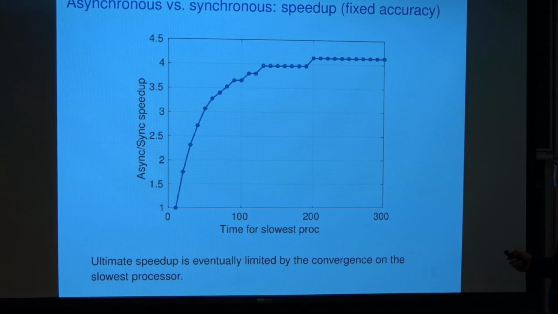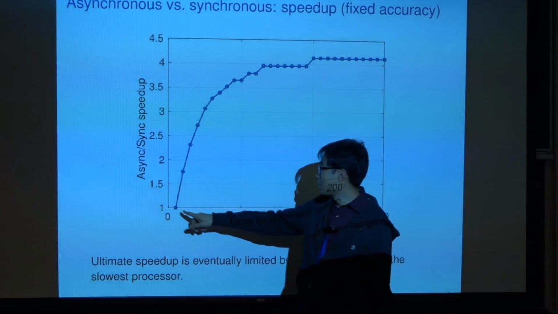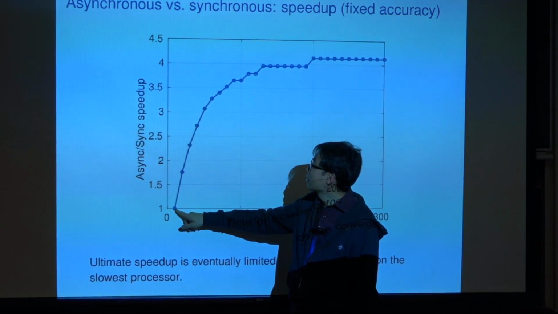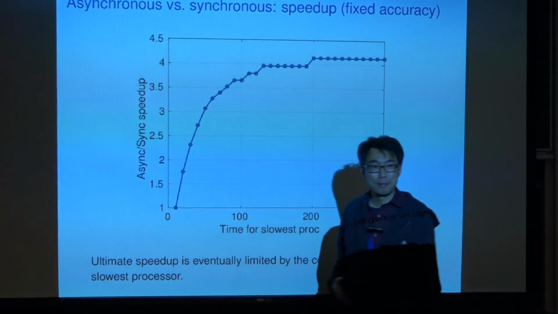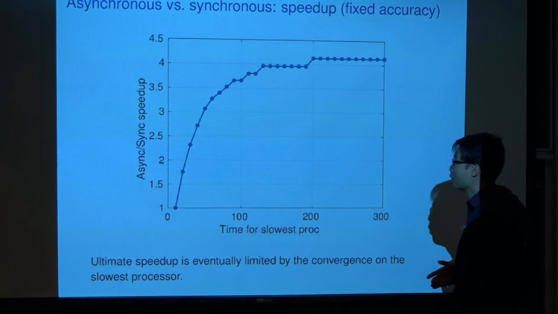Here is what the maximum speed up would be for the time for different processors. So if the slowest processor is also using 10 units of time, then there is no speed up. The ratio of the times is 1.